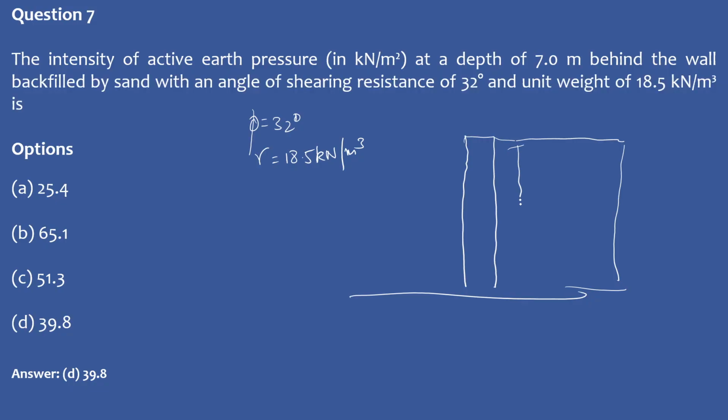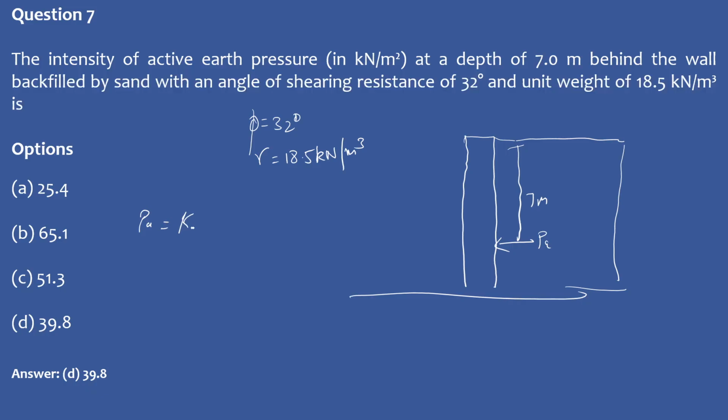You need to calculate the pressure acting at a depth of 7 meter from the ground level. The active earth pressure is given by K into gamma h.